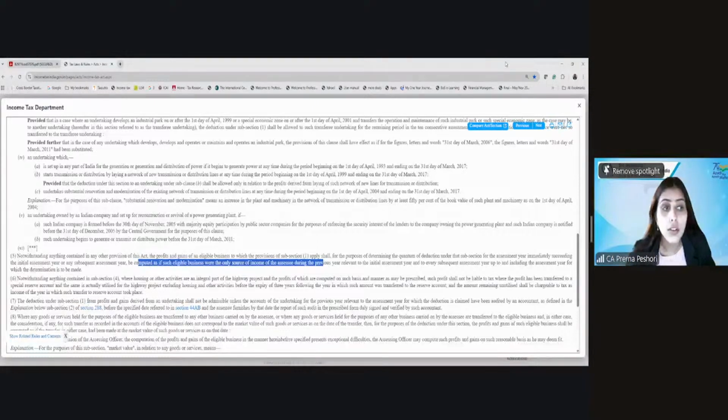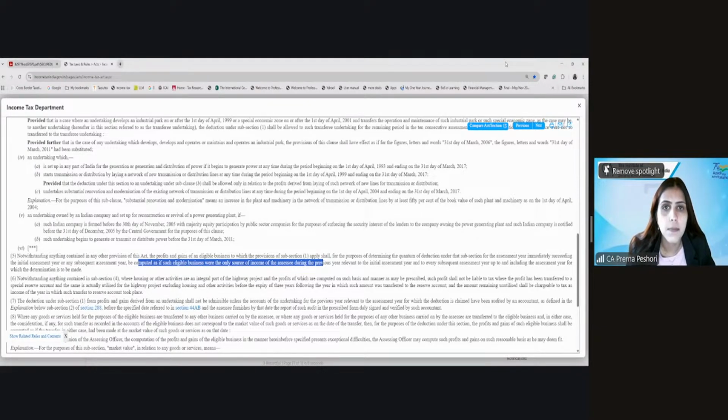Yes. Now, in this case, let's say I also have other income. I have a 90 lakh profit from the eligible business, a loss from the non-eligible business of 20 lakh, and income from other sources of 25 lakh. So what will be my deduction under ATIA? Still 90 lakhs.